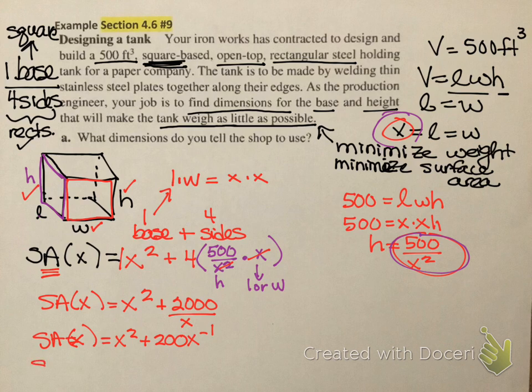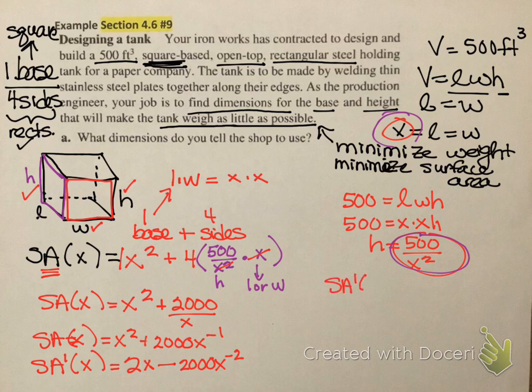So let's go take the derivative next, which would give me 2x minus, whoops, did I lose one of my zeros here? Yep, let's fix that now. So you guys comfortable? This would be 2,000x to the negative 1. So my derivative would be minus 2000x to the negative 2.